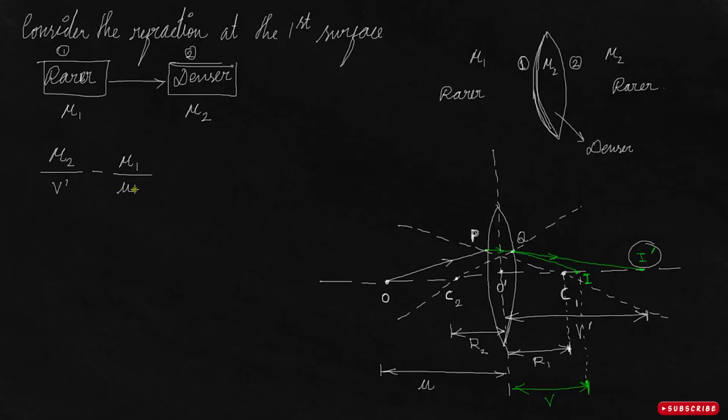We are actually talking about the first medium. On the right hand side, you take this in the same order, that is mu2 minus mu1. Now who is responsible for the refraction? The first surface. So the radius of curvature of the first surface. So that's equation number 1.